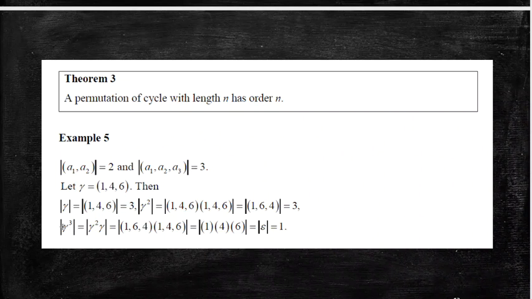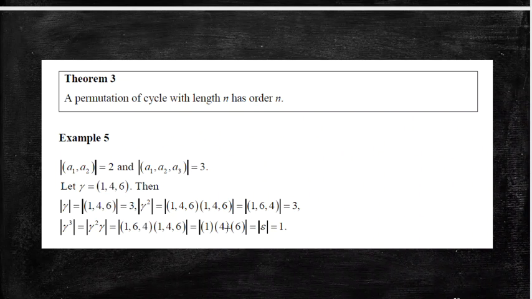We multiply again: gamma cubed is gamma times gamma squared, or gamma times gamma times gamma. We obtain gamma power 3, which is (1 6 4) multiplied with (1 4 6). What we have here is the identity.